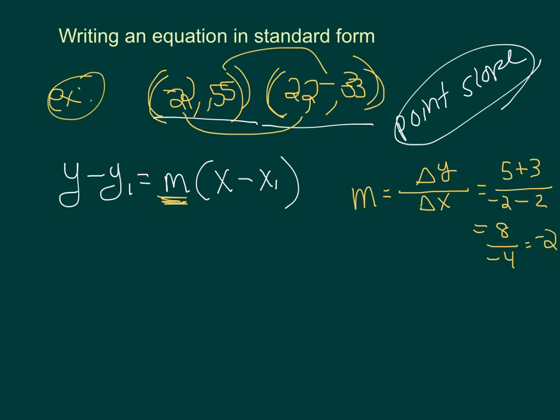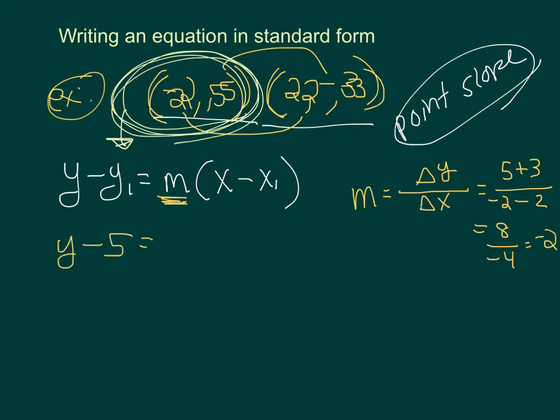Okay, and what I'm going to do is I'm going to pick this first point, negative 2, 5, to plug into my equation. So it's just going to be y minus 5 equals, right, because the y goes with the 5, negative 2, parentheses, x minus negative 2, so I'm just going to write x plus 2.